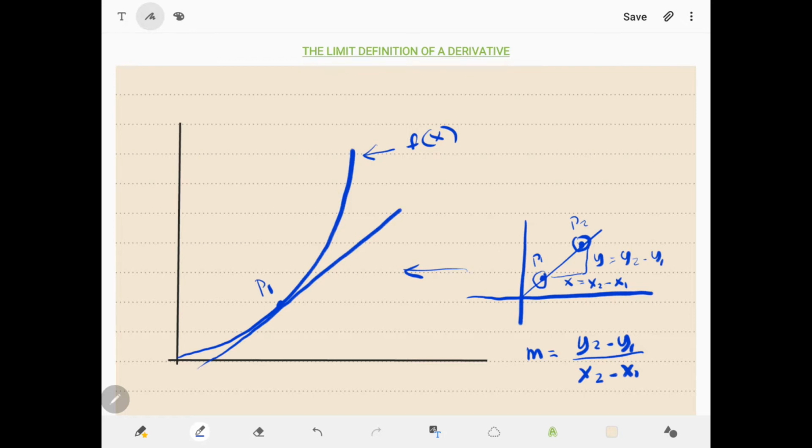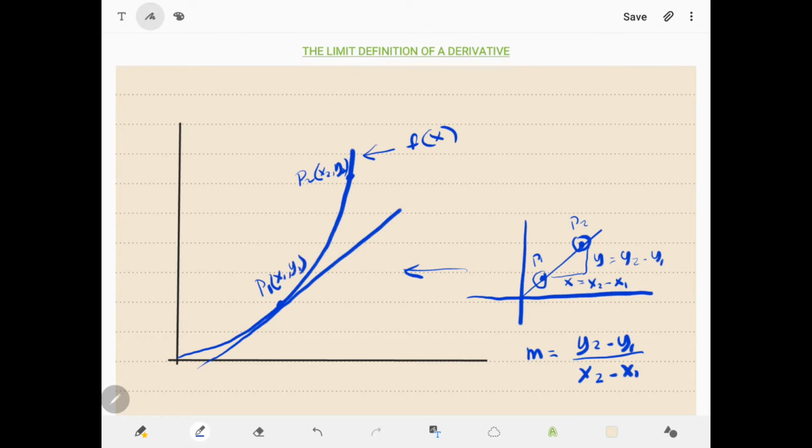What we are going to do is draw a point here, let's say this is P2, with the coordinates of x2, y2. P1 also has coordinates of x1 and y1.